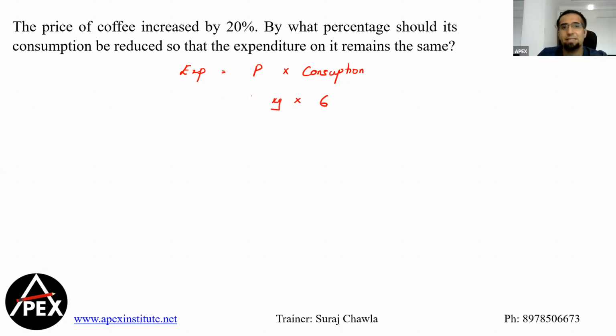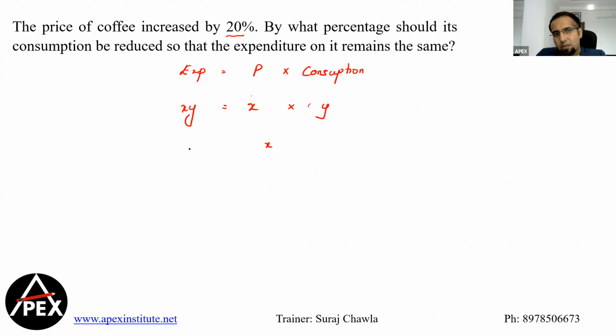So now this question says that, let me assume the price is equal to X and the consumption is equal to Y. So therefore the expenditure is equal to XY. Clear? So price of coffee increased by 20%, which means my new price becomes 120 by 100 x, which is nothing but 6 by 5 of x.